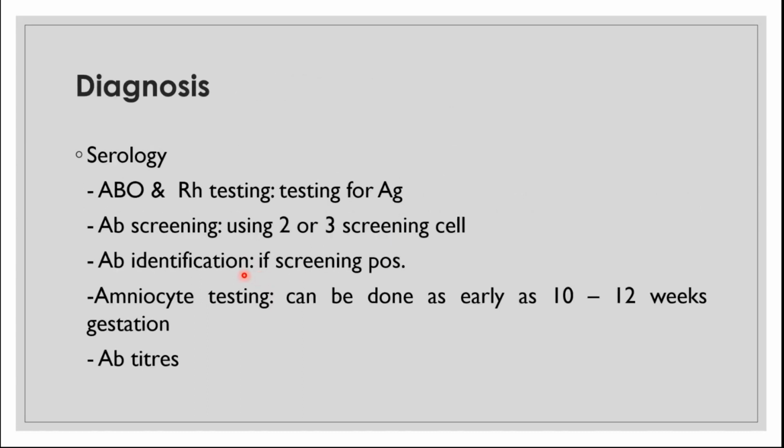Okay, how is the diagnosis made? Diagnosis is by serology, ABO and antibody screening using 2 or 3 screening cells, with antibody identification if the screening is positive. Antibody testing can be done as early as 10 to 12 weeks gestation, and antibody titers are used to check the concentration of the antibody.